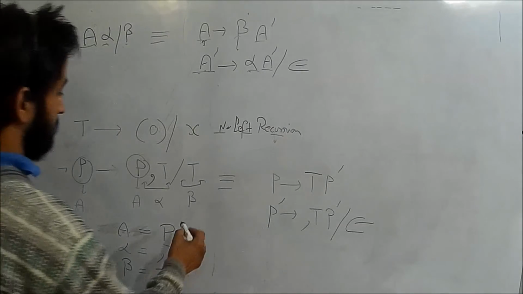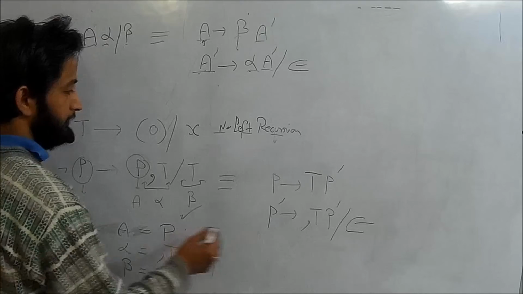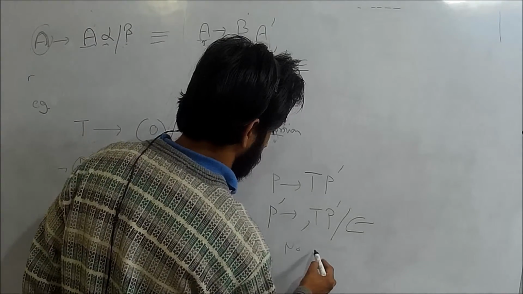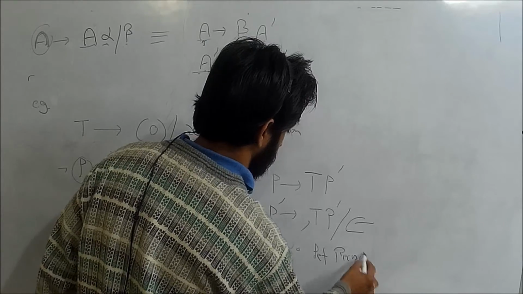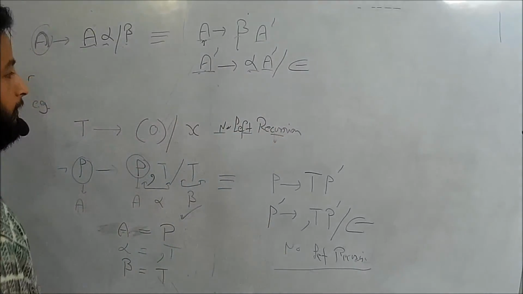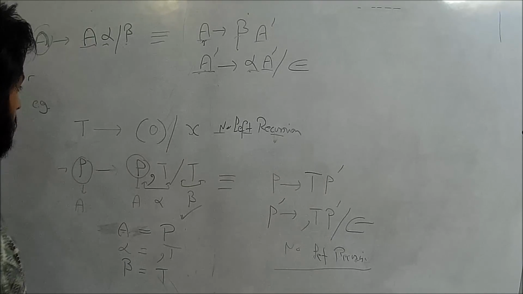Okay, so the given grammar has left recursion, and this one has no left recursion. Okay, so let us take one more example.